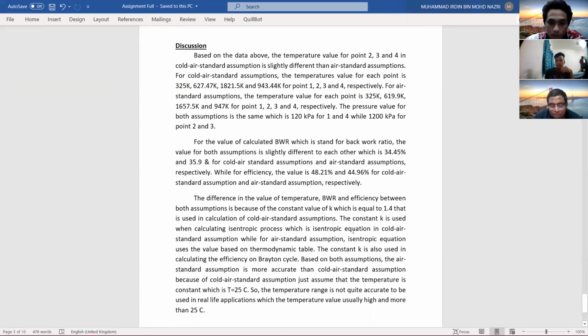And second, with the cold air standard assumption, we use the constant k, equal to 1.4, which is used when calculating the isentropic process in the isentropic equation. But for the air standard assumption, we just find the values from the thermodynamic table, which is more accurate than the constant.